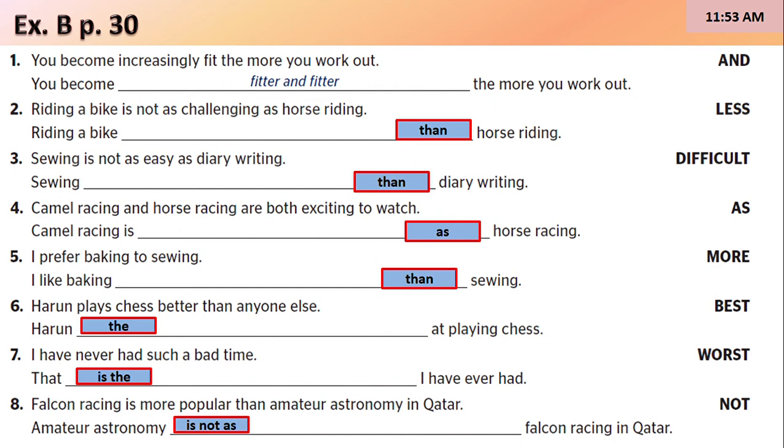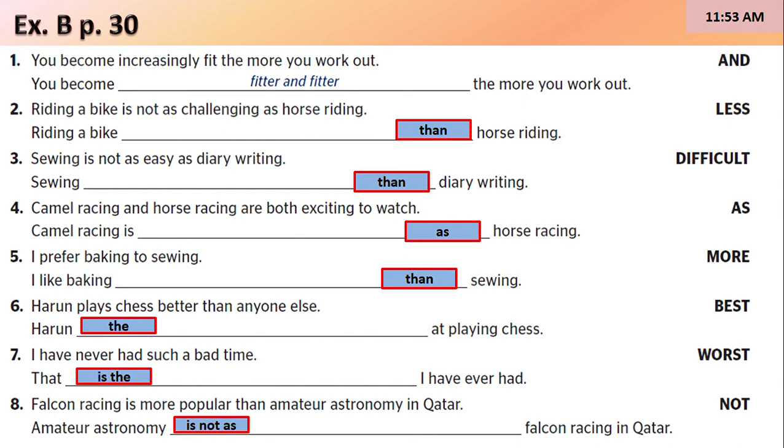Pause your video and start to answer the question. Like for number 1, you have an example. You become increasingly fat the more you work out. You become fatter and fatter the more you work out. Okay?